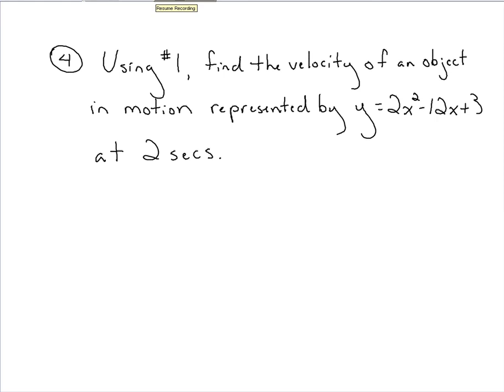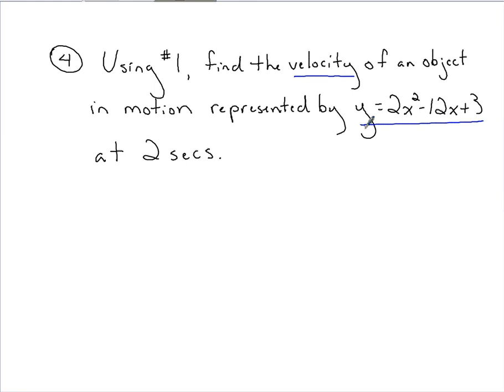All right, so going back, using the work from the first example again, we're going to find the velocity of an object in motion represented by this equation at 2 seconds. Keyword here is velocity. When I see velocity and I see a given equation, like I do right here, I'm going to take the derivative of that equation.